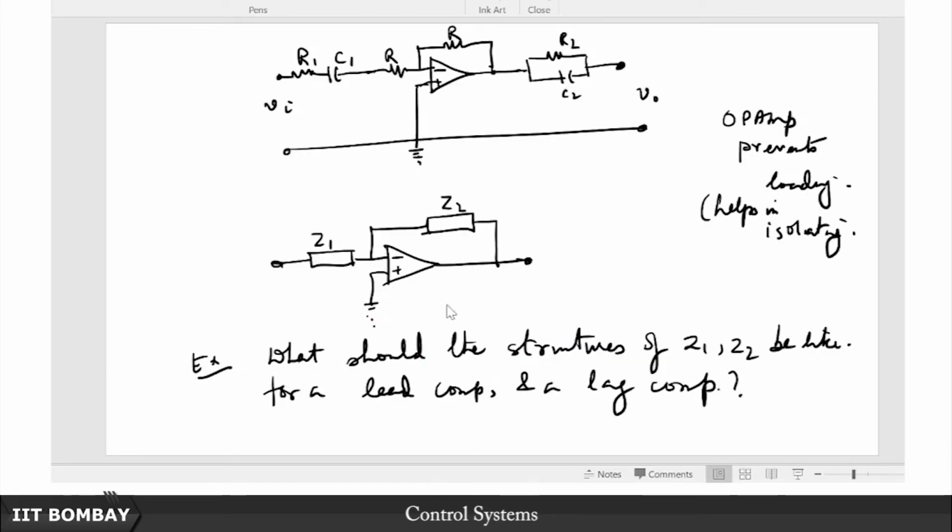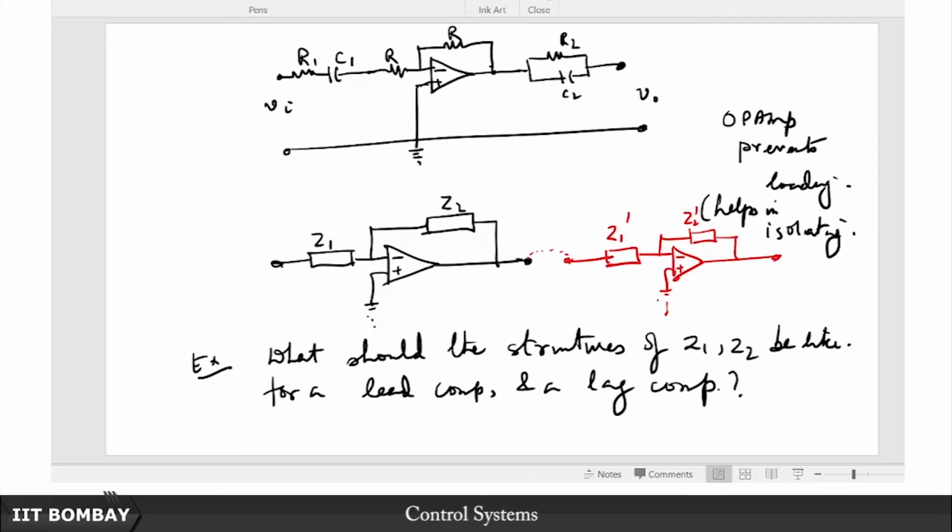Now, of course, as an addendum, you can immediately guess that if you want to put a lead and a lag compensator, then you put two of these blocks in cascade. So, you put another Z1 dashed like this, and this is Z2 dashed like this, and you join this connection.